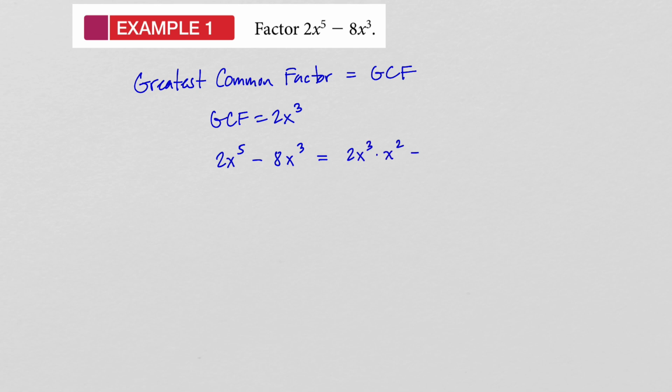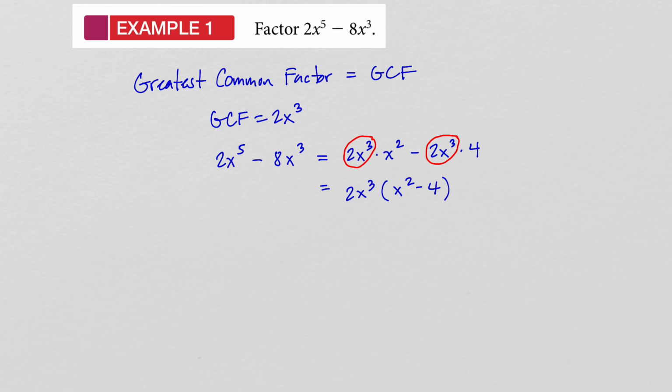And 8x to the third is 2x to the third multiplied by 4. Now you can see that 2x to the third power is the greatest common factor, and we can pull that out using the distributive property, and what we have left over is x squared minus 4. So this is factoring by using the greatest common factor.